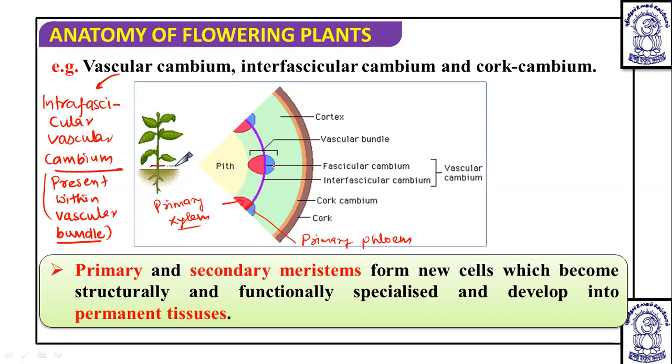But this is one vascular bundle, this is another vascular bundle, and this is another vascular bundle, suppose. The vascular cambium which is present between the vascular bundles is known as interfascicular vascular cambium.